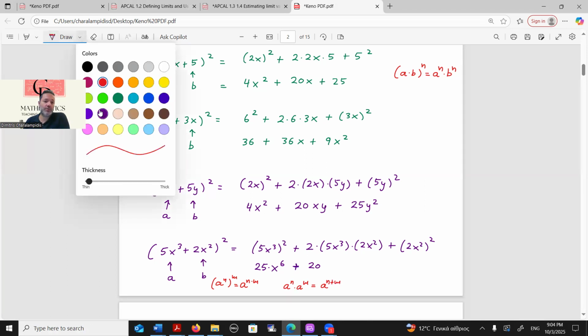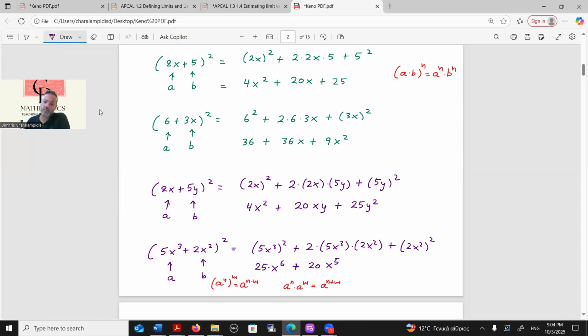So x cubed multiplied by x squared should be x to the power of 5. Plus, normally it would have been x squared and all that squared, so it should be x to the power of 4.